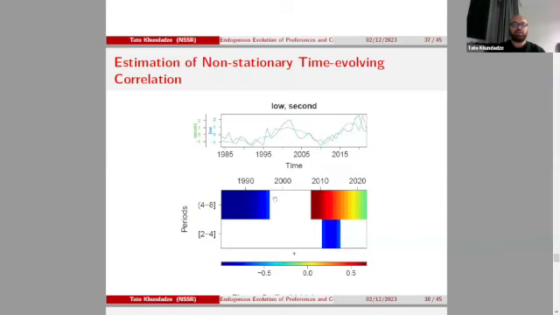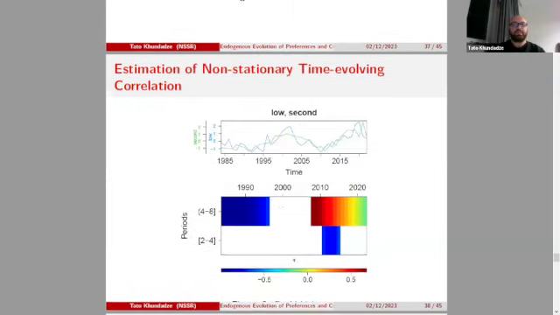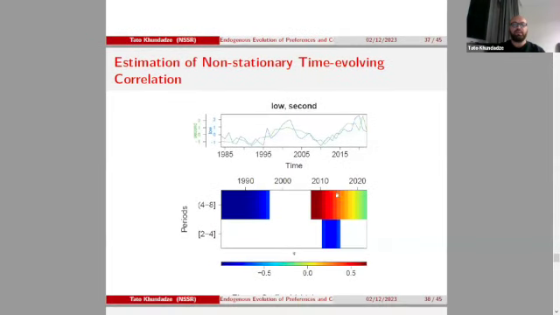Where there is no data, there are no statistically significant correlations for that period. There I estimated for vehicles for the low and second quantiles. So we see that after 2008, there is a higher rate of correlation.